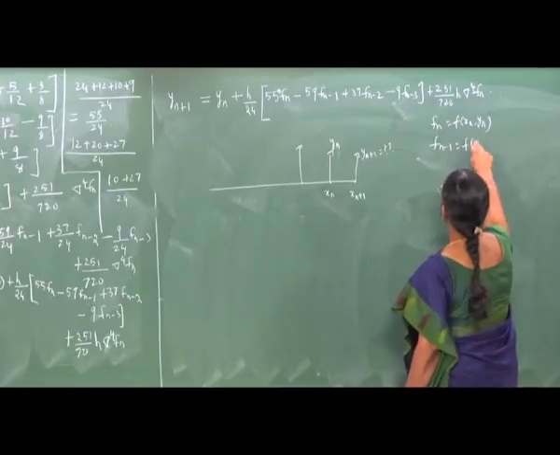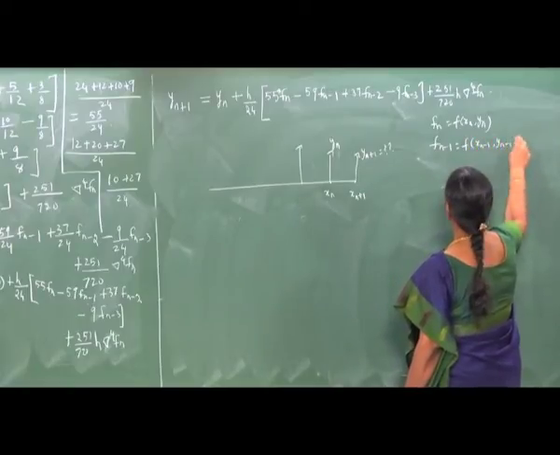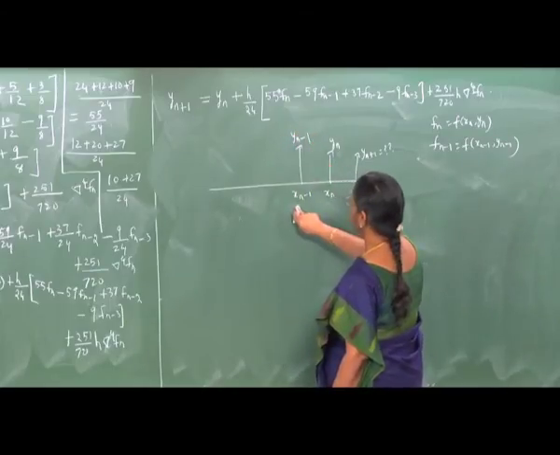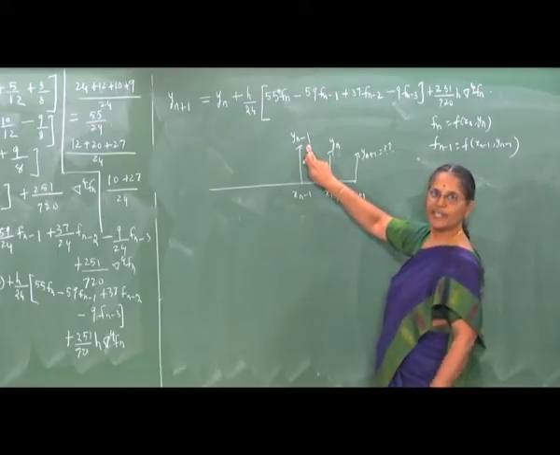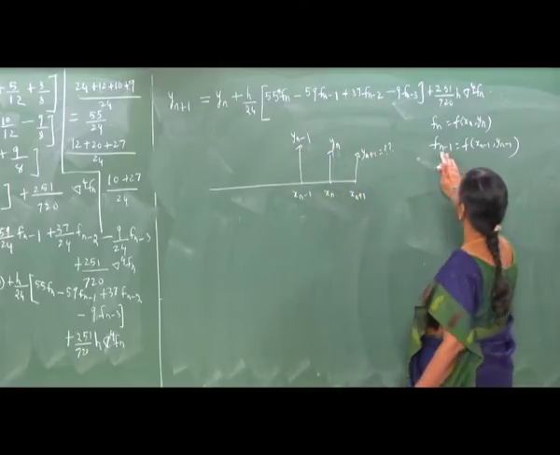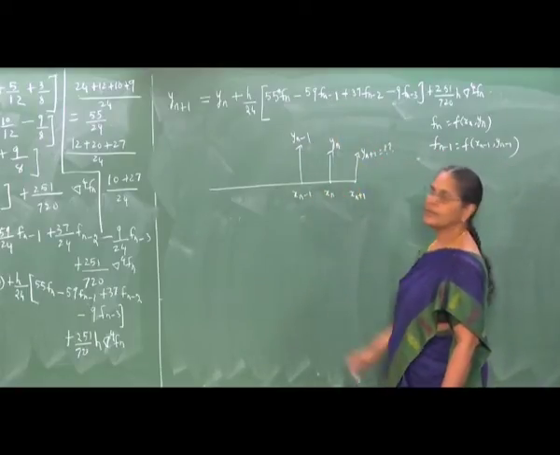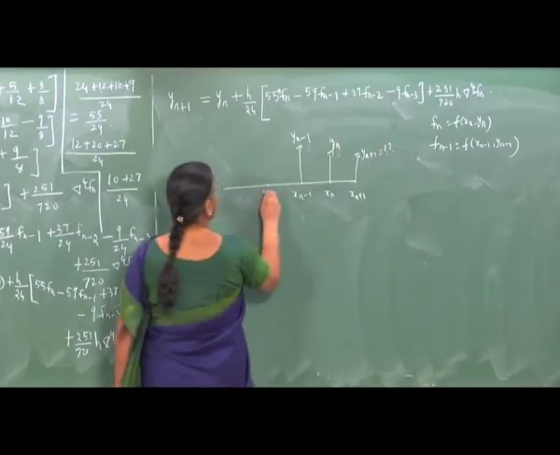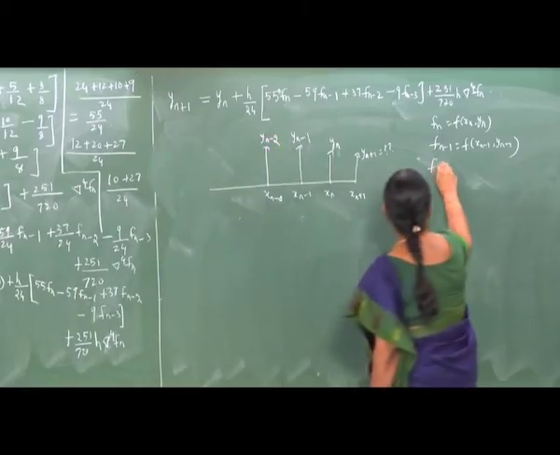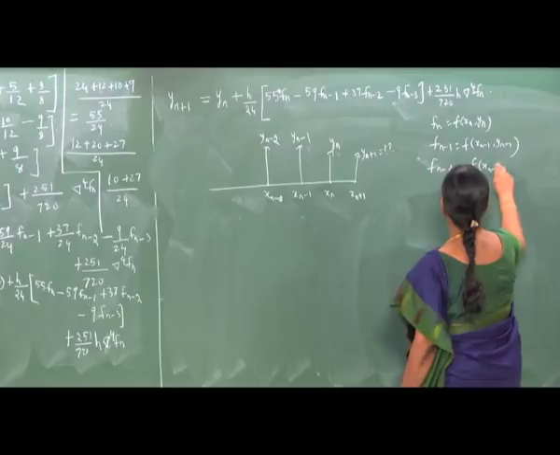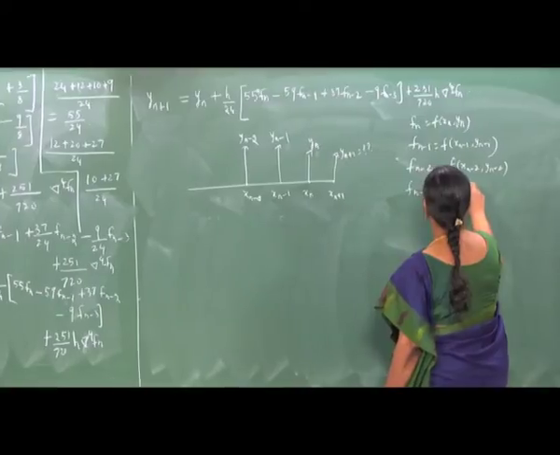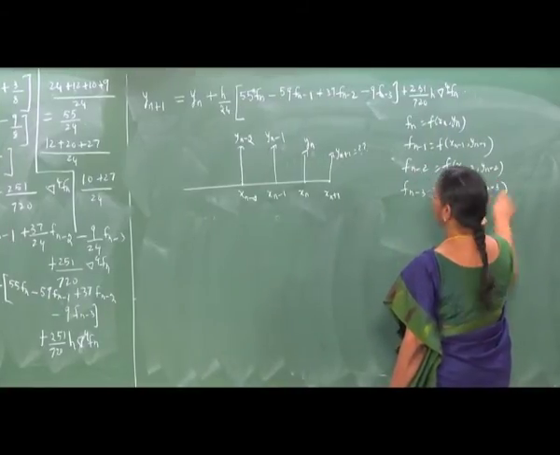What is Fn minus 1? It is f of xn minus 1, yn minus 1. So, the information at the previous point, namely xn minus 1, should also be available to you, and you call that as yn minus 1, and once you have this, you find what Fn minus 1 is. Similarly, you compute the values of Fn minus 2, which is f of xn minus 2, yn minus 2, and Fn minus 3, which is f of xn minus 3, yn minus 3.